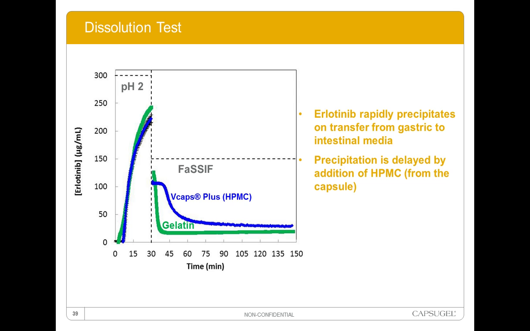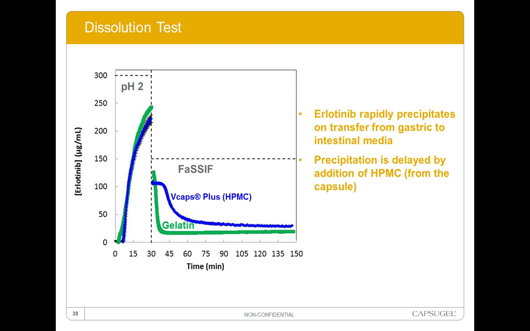You can see that dissolution in the stomach is slightly decreased by putting in an HPMC capsule, although it's quite minor. And then upon transfer, we see that we sustain a higher concentration of drug for about 15 minutes and then have much slower precipitation to the crystalline concentration relative to the gelatin capsule.